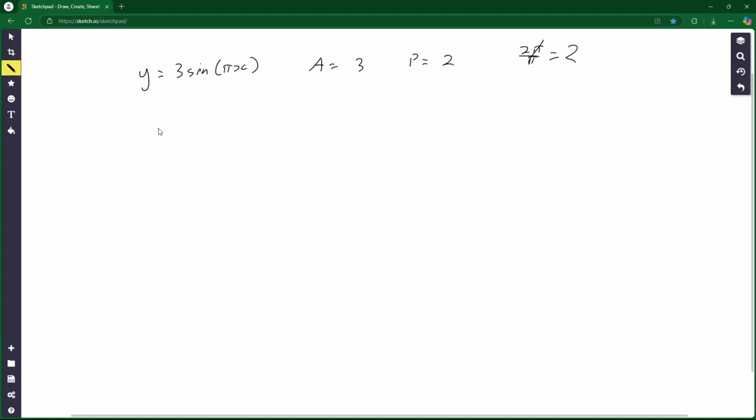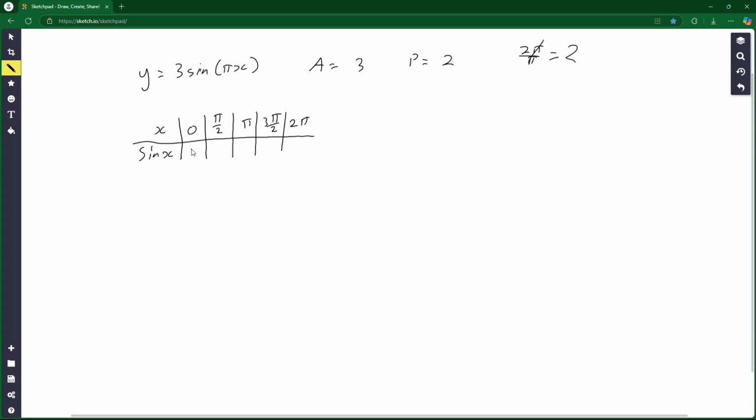We have x and sine x. Our first part, we're just going to do 0, pi over 2, pi, 3 pi over 2, and then 2 pi.